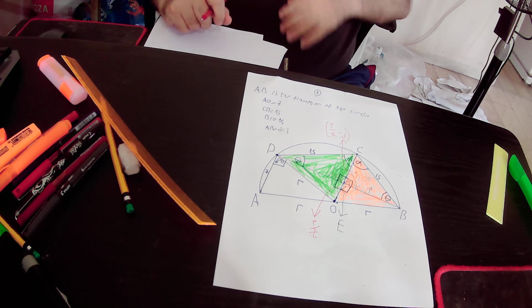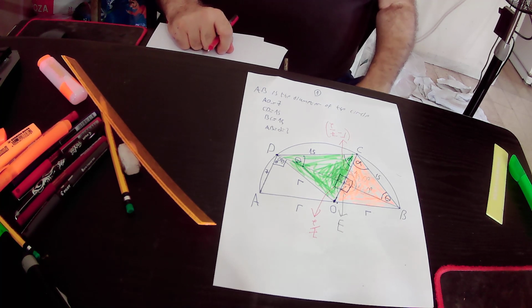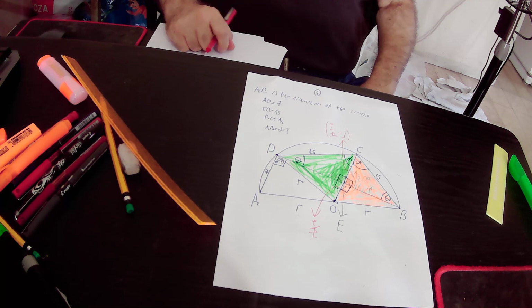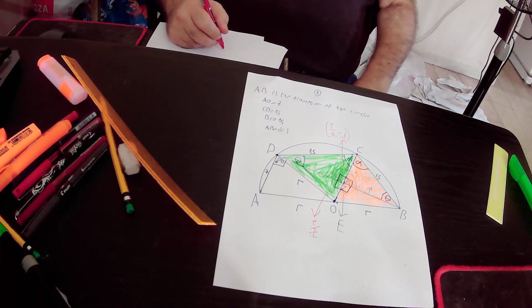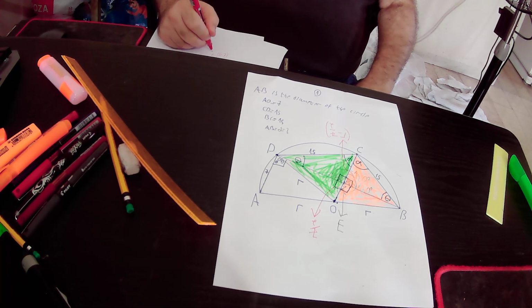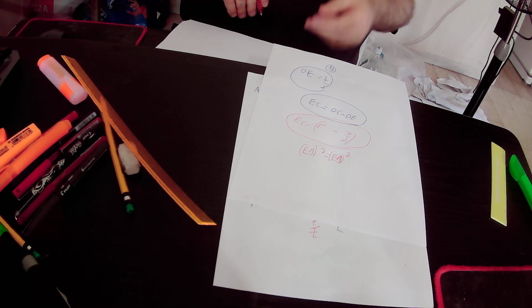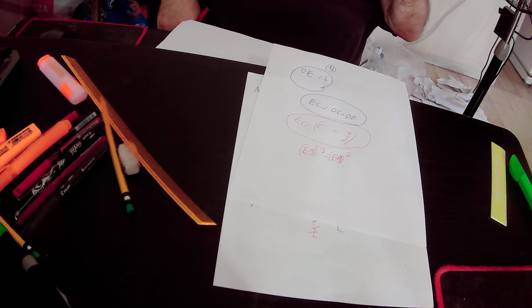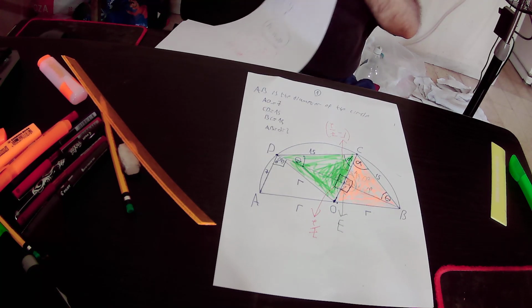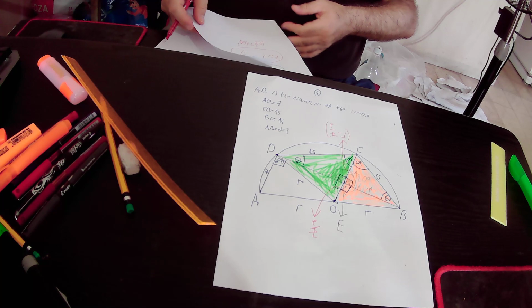So we can implement the Pythagorean theorem on the two right triangles using the statement that EB squared equals EB squared. The reason we are using this equality is that EB is a common side.